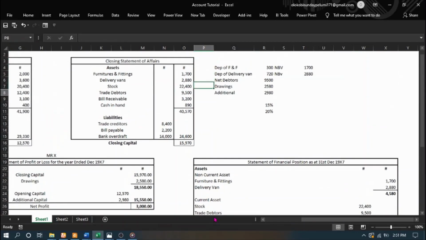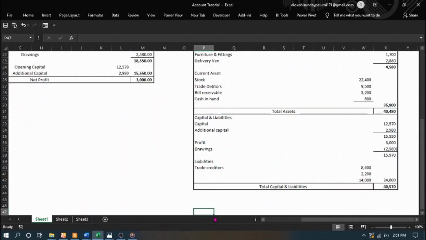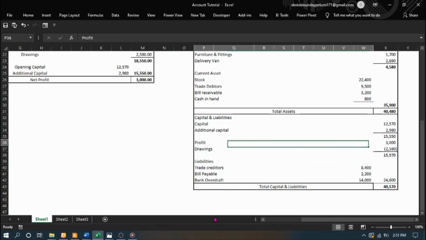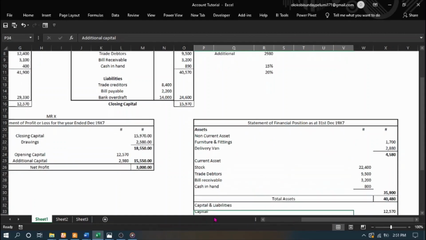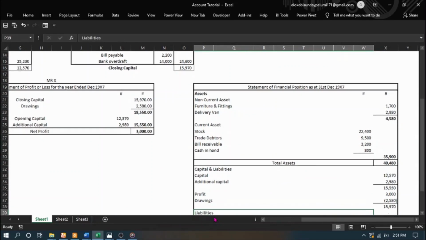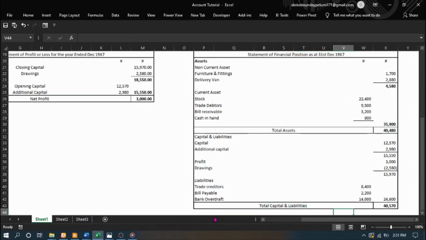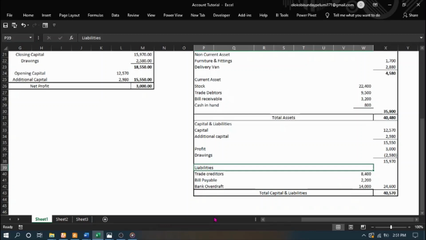bill payable and overdrafts. So bill payable and the bank overdraft. Alright, so we have 84,200 14,000 and 40,200 14,000.